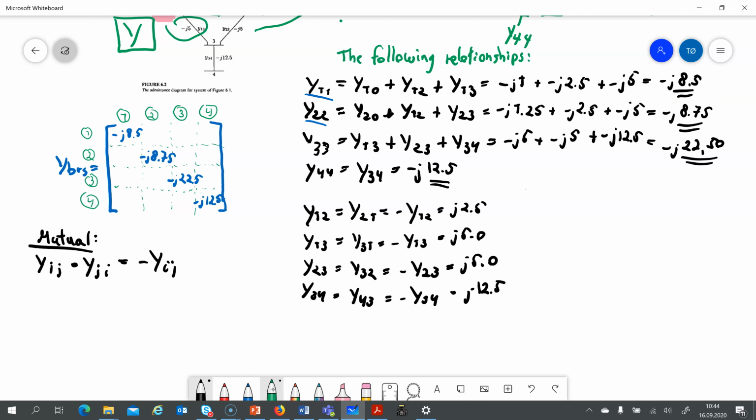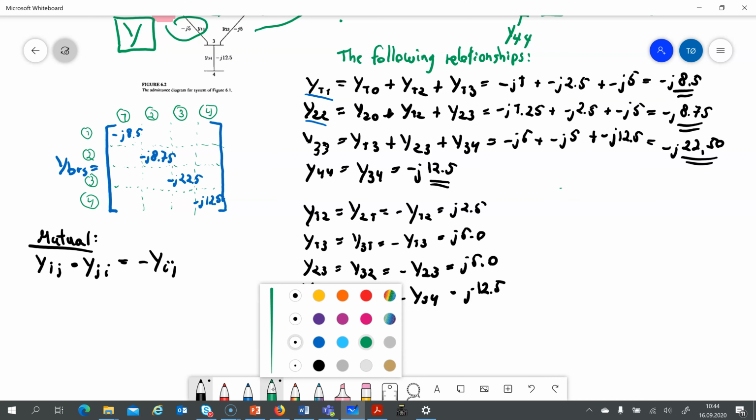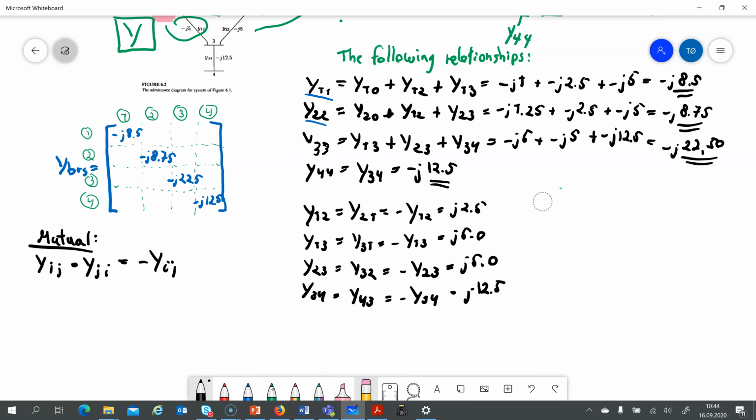Remember that there is no connection between bus 1 and 4, for example.